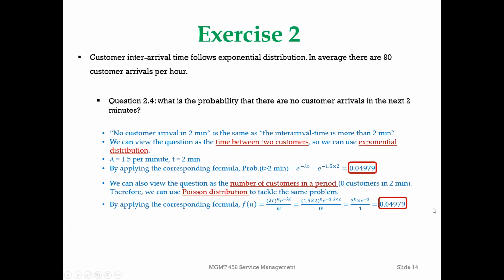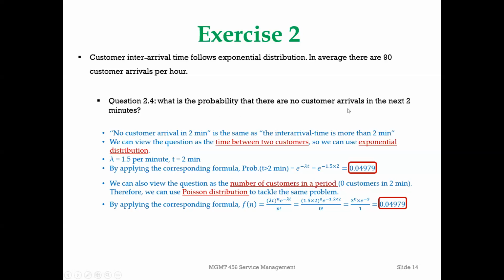So the solutions are the same regardless of which distribution you use. You can either use exponential distribution or Poisson distribution. They end up with the same solution. So question 2.4 is a special case. When somebody asks you about the probability that you will see no customer in a period, you can apply either distribution to figure out the solution. This is only for no customer arrival in a period.